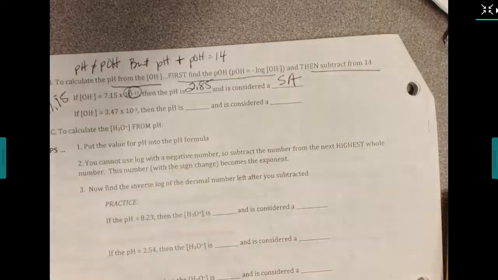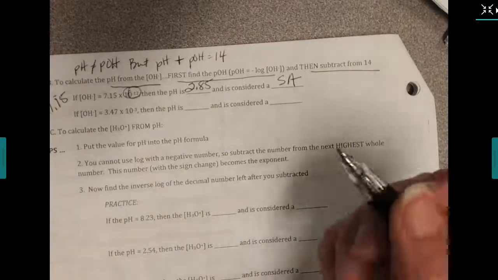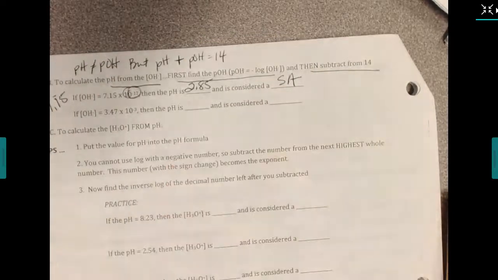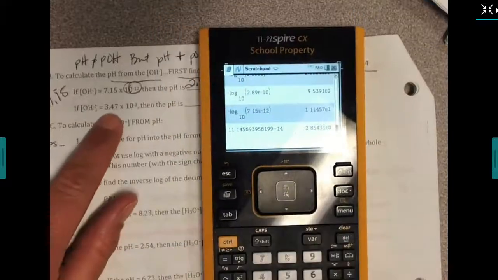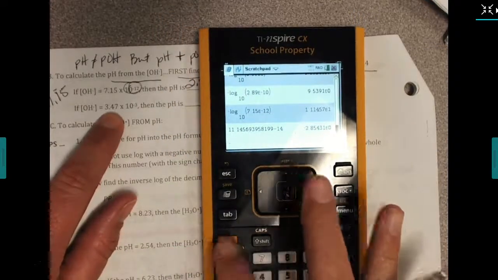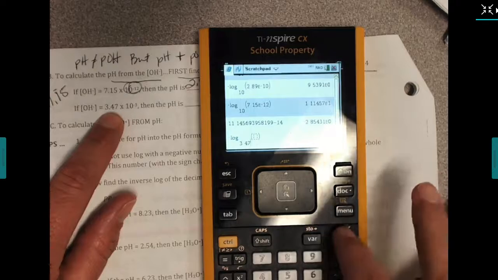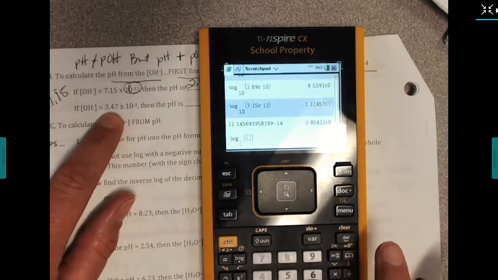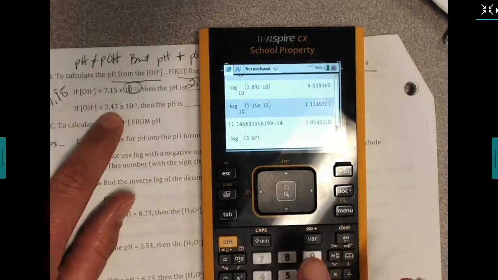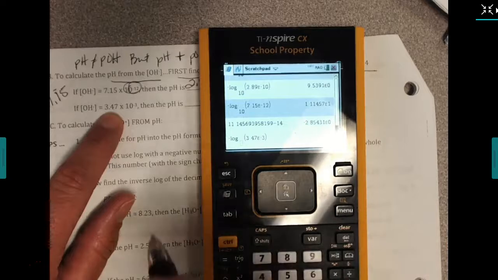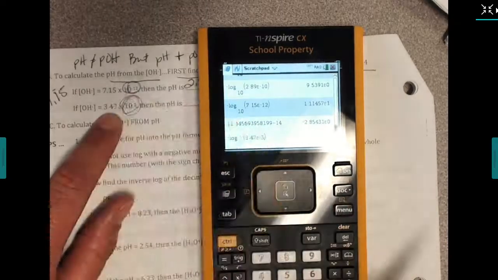So we're going to subtract 14 from that, or subtract from 14. So then we're going to do the same thing for this one. The negative log of 3.47, I do that every time, 3.47 E to the negative third. So this has lots of hydroxides.